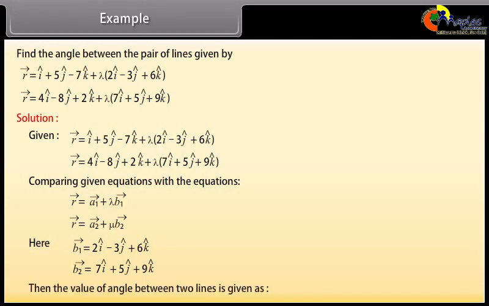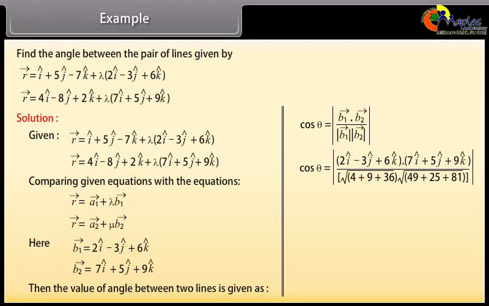Then the angle between two lines is given as cos theta equals modulus of vector b1 dot vector b2 by modulus of vector b1 into modulus of vector b2. Cos theta equals modulus of the dot product of (2i minus 3j plus 6k) and (7i plus 5j plus 9k) divided by square root of (4 plus 9 plus 36) into square root of (49 plus 25 plus 81).